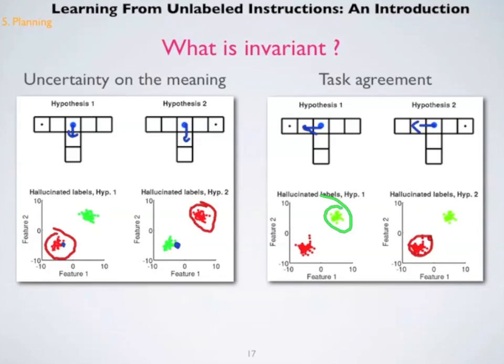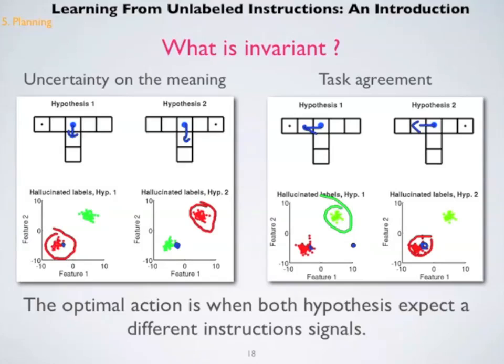And once again, when we receive the teacher signal, we will know which one is lying, because they do not expect the same signals. And that is the invariant. In both cases, the optimal action is when both hypotheses disagree on the expected signals.